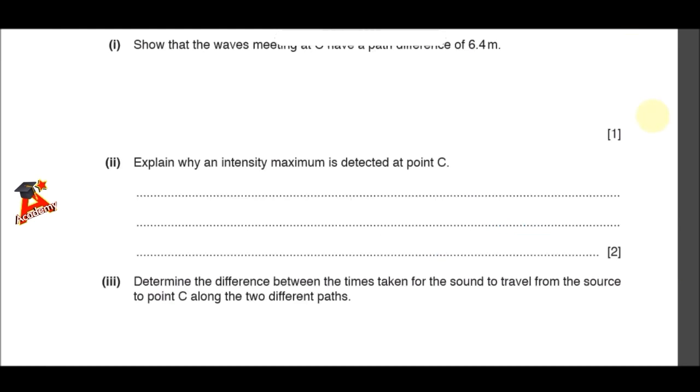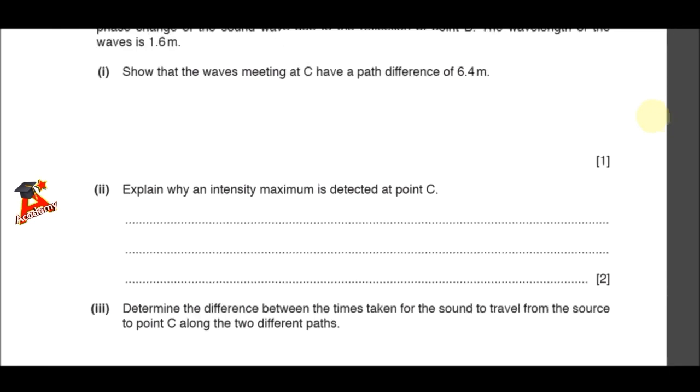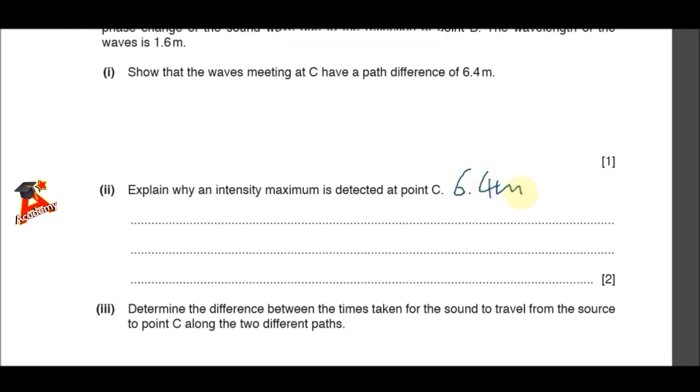To explain item 2 there, we have to notice that these waves, when they meet at C, have a path difference of 6.4 meters, which is 4 times the wavelength. So since they meet at a whole number of wavelengths, they meet in phase. To get your 1 mark, we say here that the waves meet in phase.